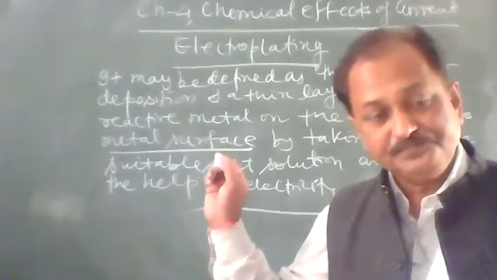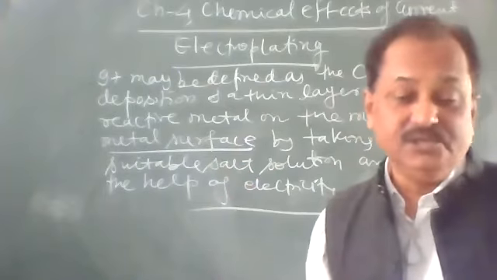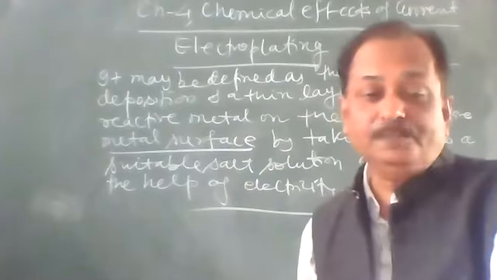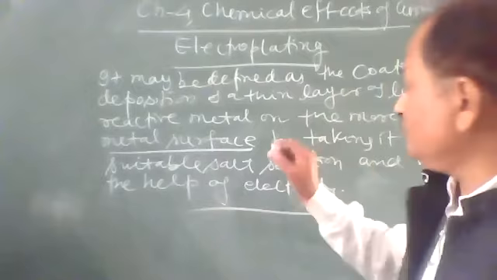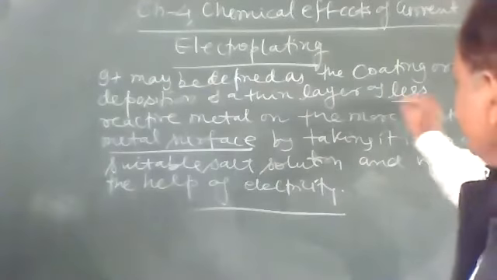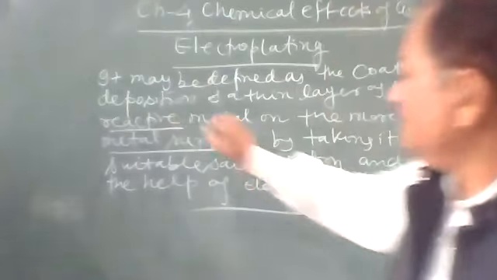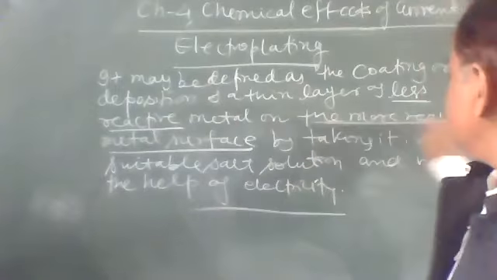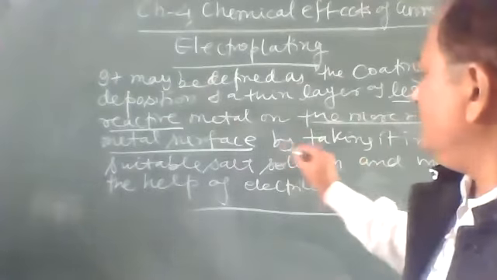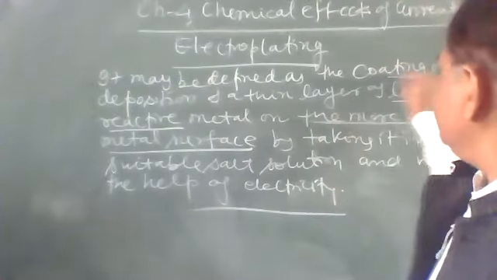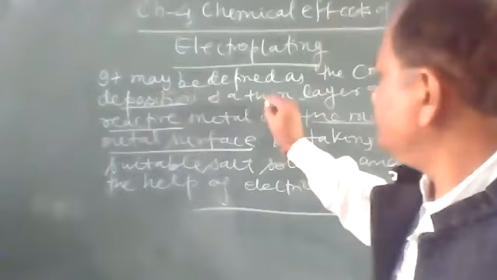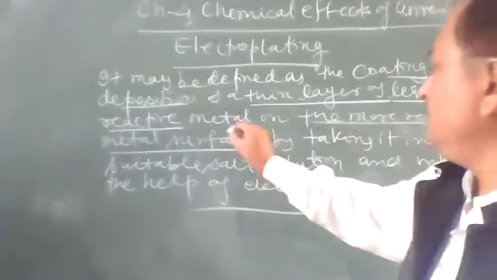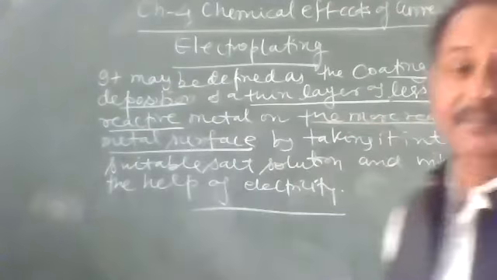And then current is passed. So this is electroplating. And this is also very important: the coating or deposition of a thin layer of less reactive metal on more reactive metal.